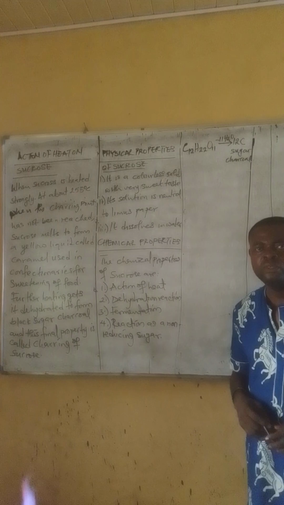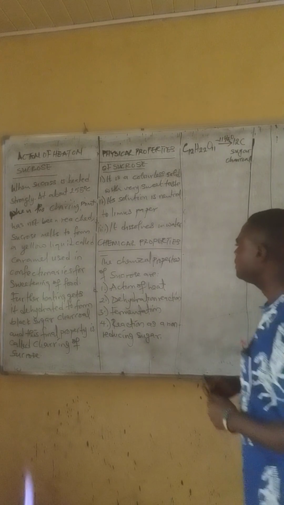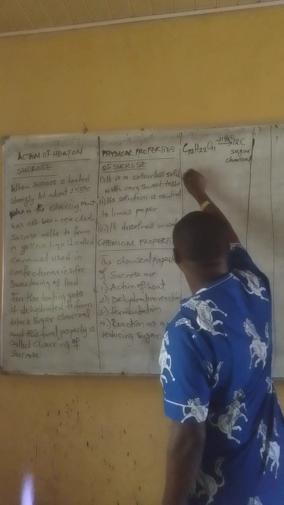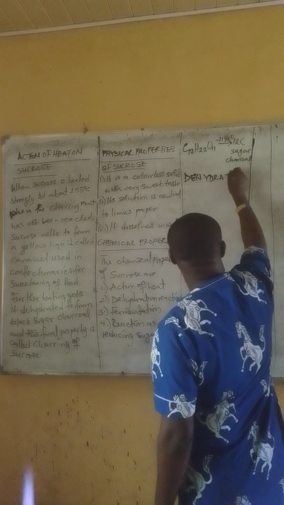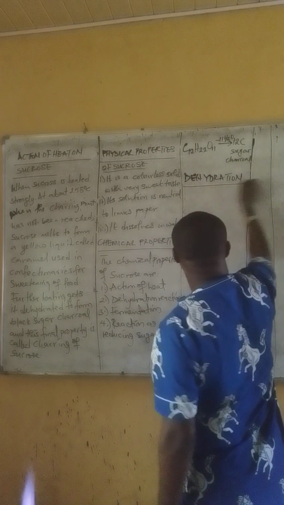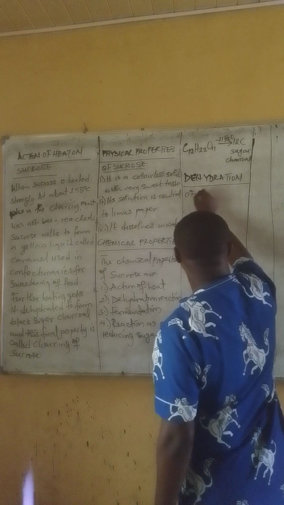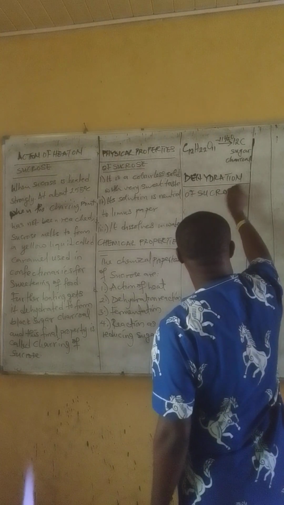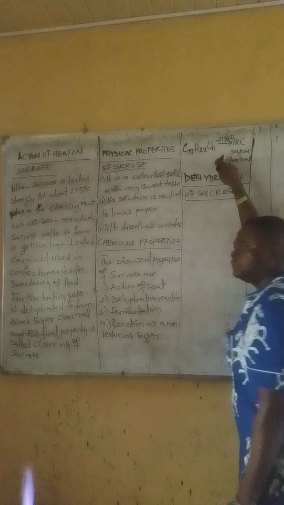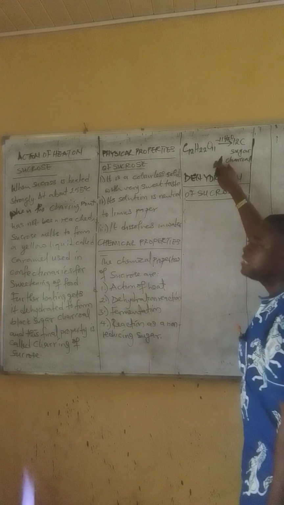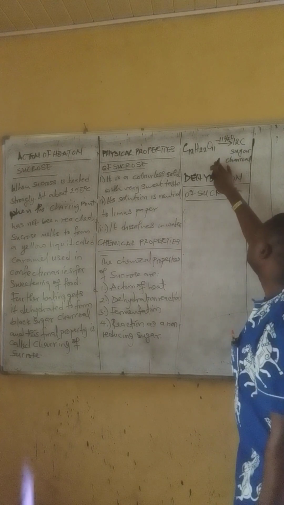H2SO4. So then the next thing to look at is dehydration. Dehydration of sucrose. Already, that was the final thing we did here. But this one is taking place catalytically.